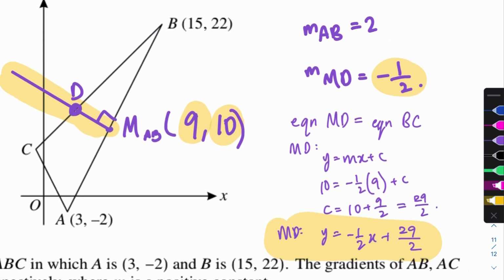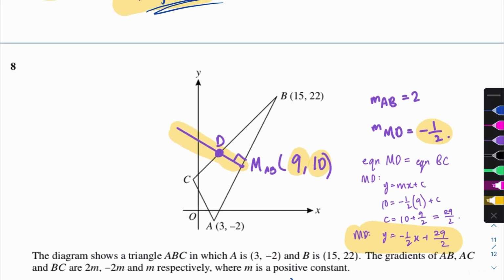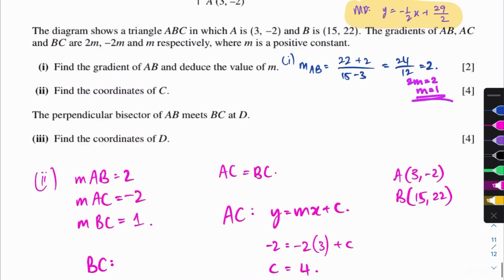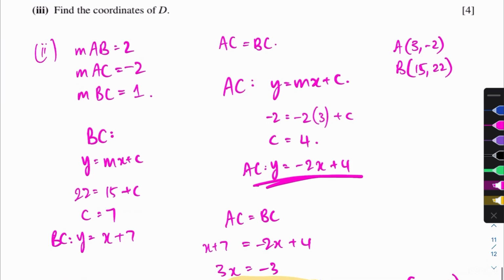And we want to find the equation of BC next. I'm just going to take this down to the end of the page. Actually, I can just do it up here. So equation BC. We have the coordinates of C, right?